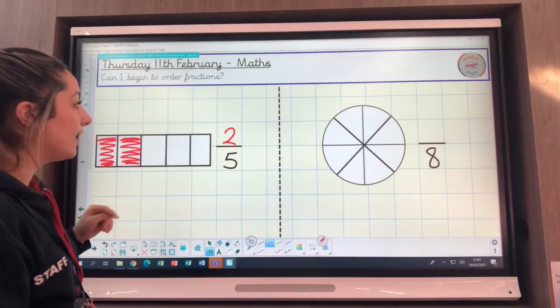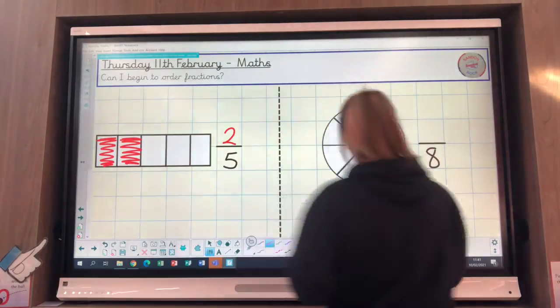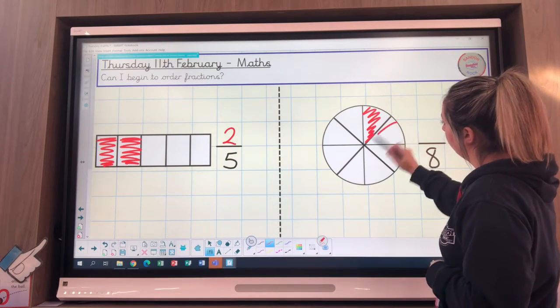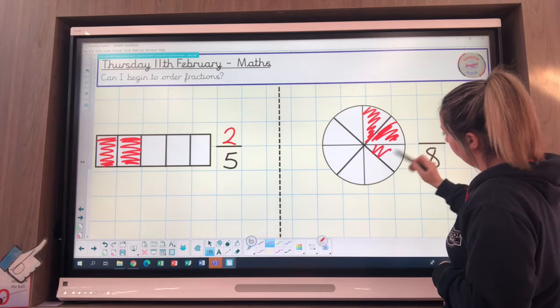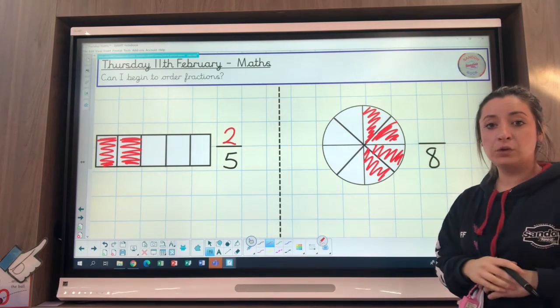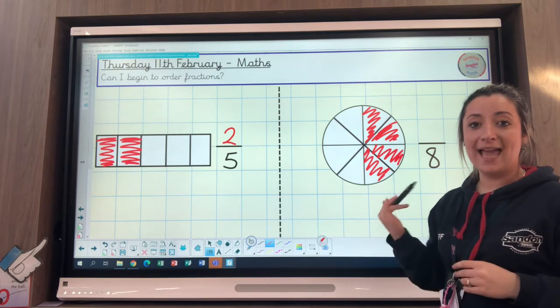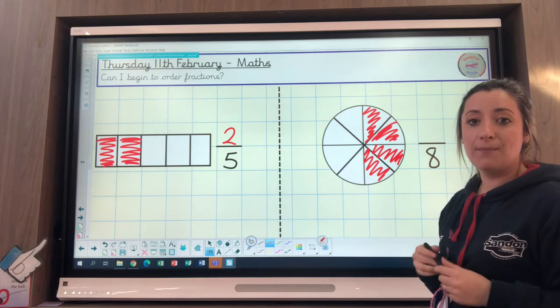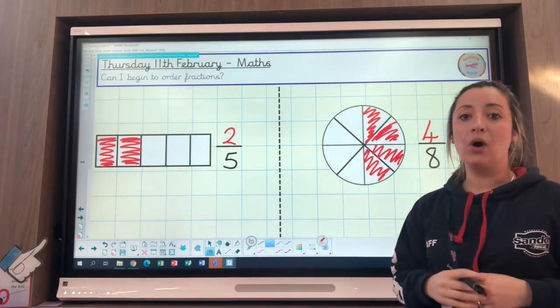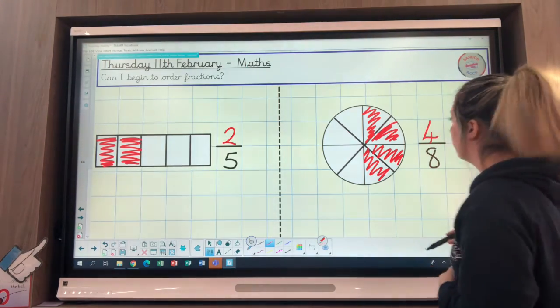So I've got 2/5. And now I'm going to shade on this one. 1, 2, 3, 4. So 4 parts are shaded out of my 8 that I've got. So 4 is my numerator. And that we will say is 4/8. Okay, so I've got 4/8.